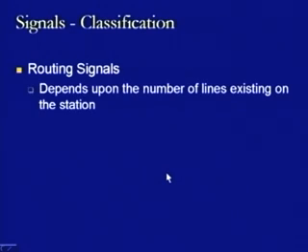Now, in this classification of signals, another category of signals is the routing signal. This is again on the basis of the locational aspect, and in this case it depends upon the number of lines existing at the station, because we are trying to route the train on certain lines.